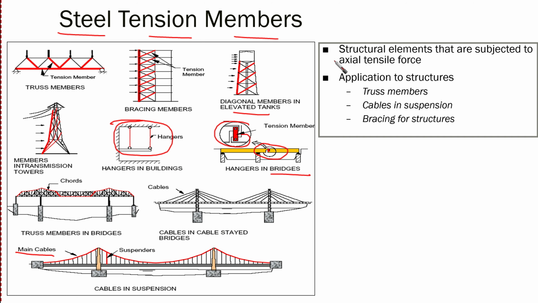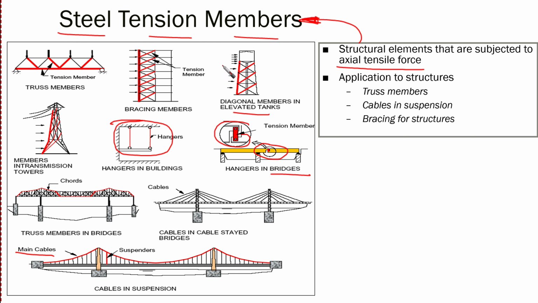So in general, structural elements that are subjected to axial tensile force, we give them the name steel tension members. They are structural elements subjected to axial tensile force. There is no compression, of course. There is no flexure. There are no other types of loading or straining actions.